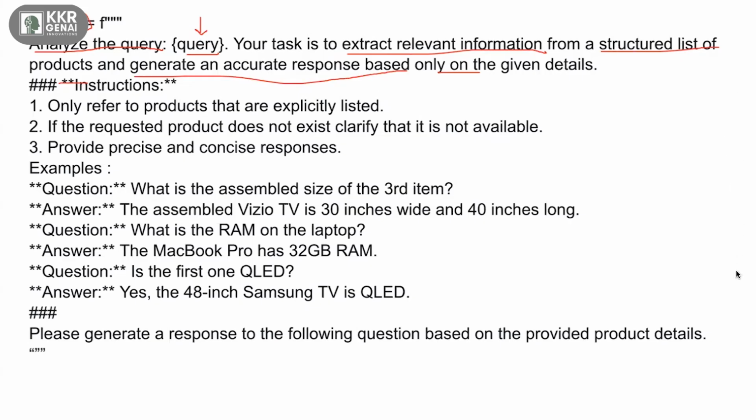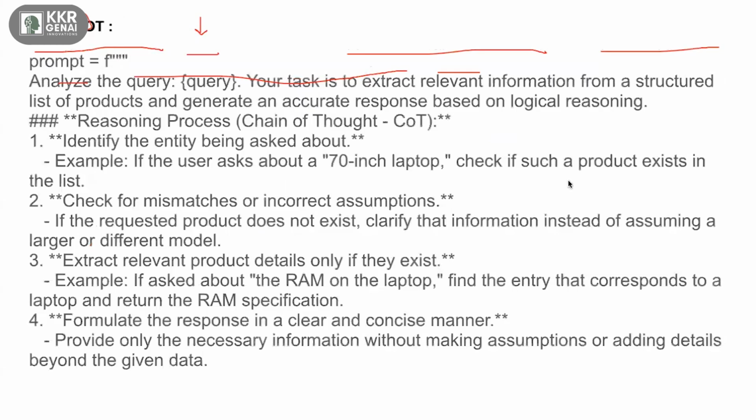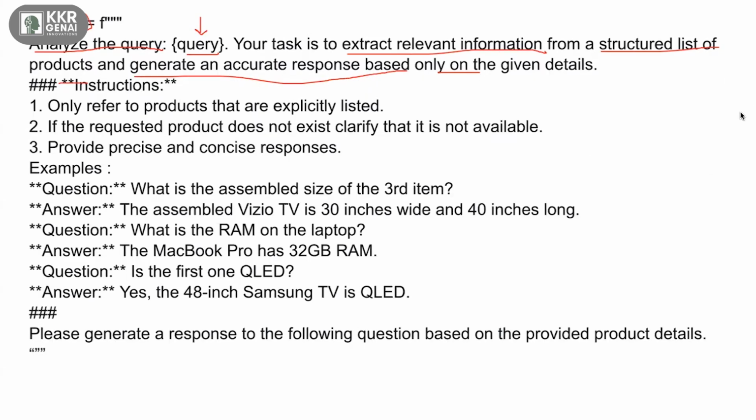So what is an ideal prompt? Can someone tell me, if I want to create a prompt, what are the components that I need to include? One would be instructions, second would be input, third would be output format, and fourth would be the context. Here I have a few instructions.